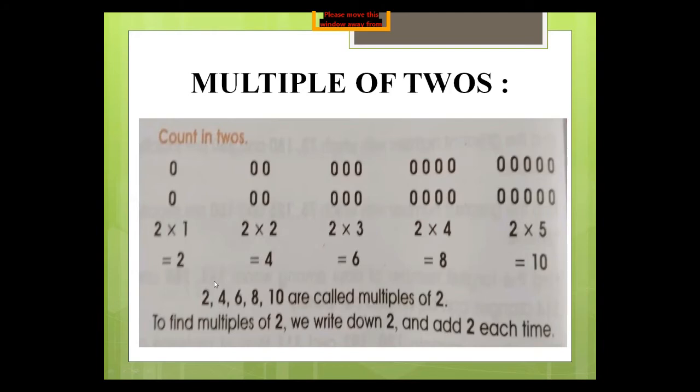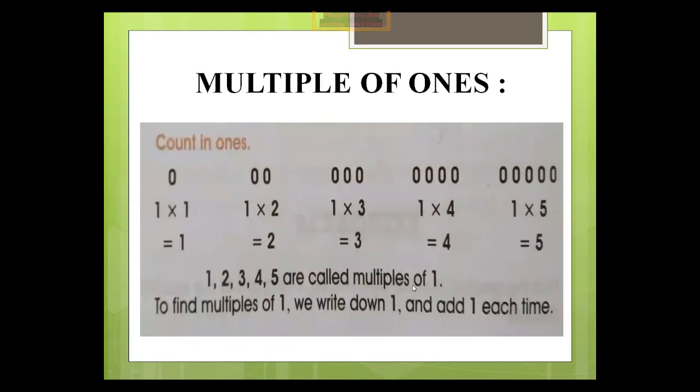So 2, 4, 6, 8, 10 are the multiples of 2. How do we say that these are the multiples of 2? In the previous slide, you see that all the answers are called the multiples of 1, because we multiply all these numbers with 1. That's why we say all these answers are the multiples of 1.